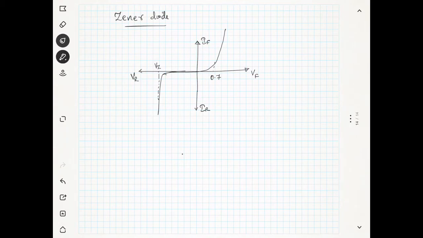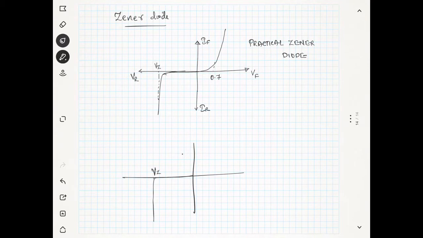This is the case of a practical Zener diode. The ideal characteristics we can also draw something like this. In the ideal characteristics, the breakdown will happen at Vz and there won't be any change in the voltage.